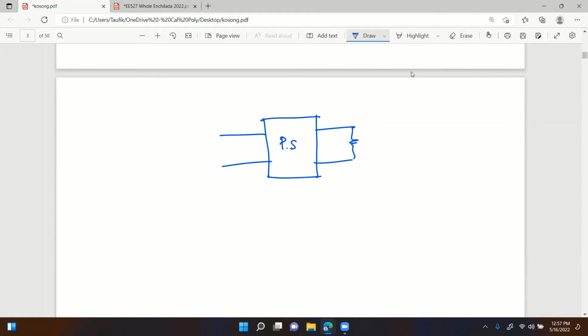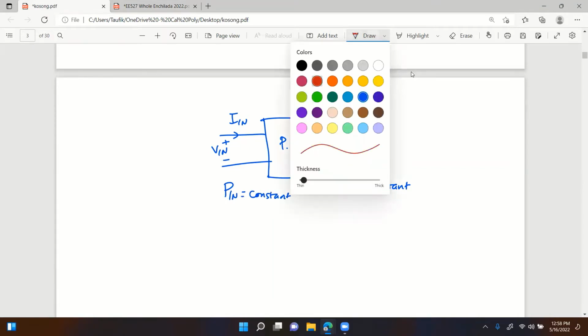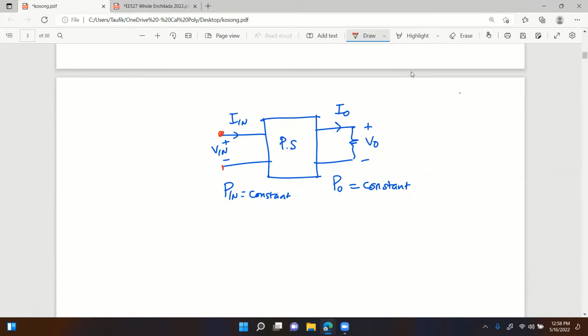And we already learned earlier that in steady state, if Iout is constant and Vout is constant, that means Pout is constant, right? If Pout is constant, that means Pin is constant, right? Then what happens if I now connect this to a source, the actual source that has impedance, like this.